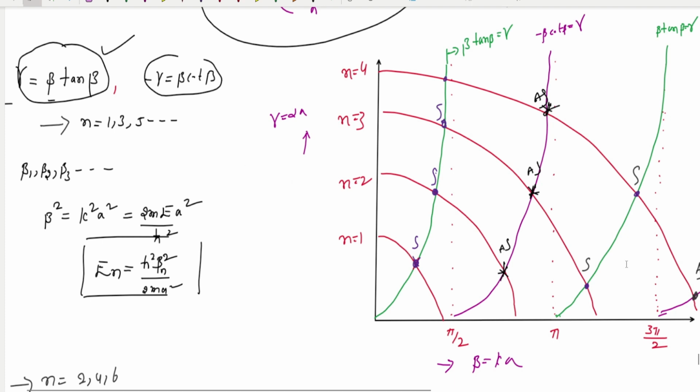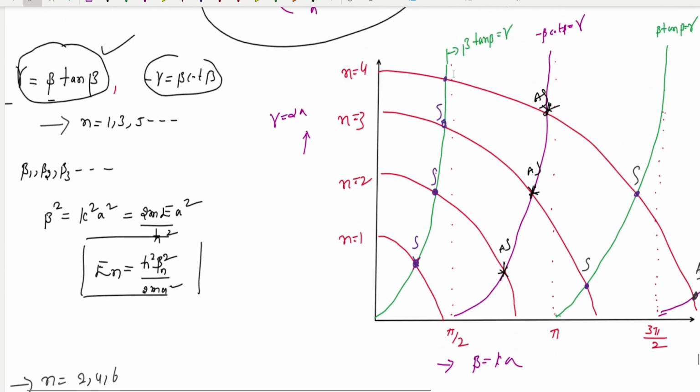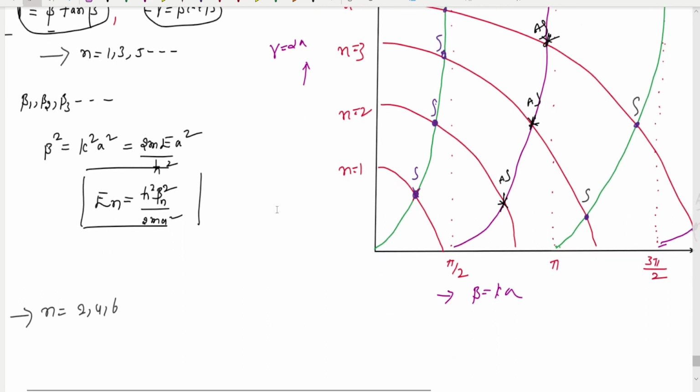N equal to 3 I got here, the symmetric function intersection. This is the anti-symmetric function, n equal to 4, 6. See here, n equal to 2 here is the intersection. The next intersection is here. This is the fourth one, anti-symmetric. Next one is 6. Like that you can understand.